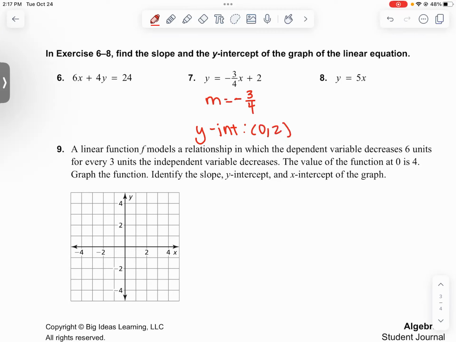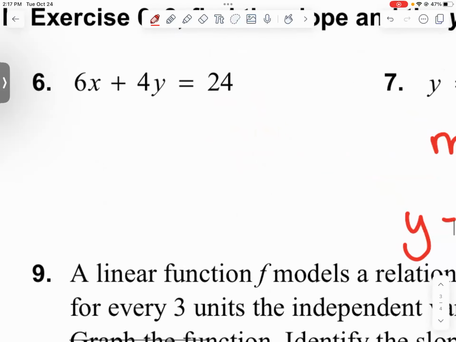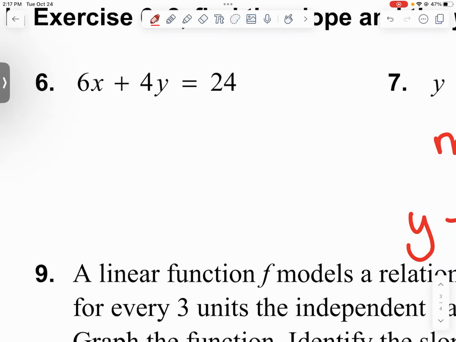Cool. How about in number 6? You can't tell it to me yet. What are we going to need to do, Henry? So, the y-intercept is the origin, and then. I'm talking about number 6. Does it look like y equals mx plus b?